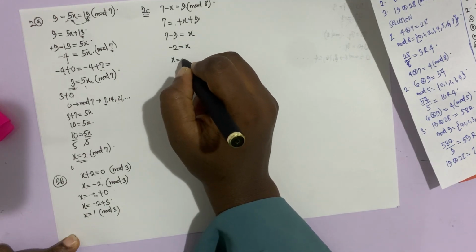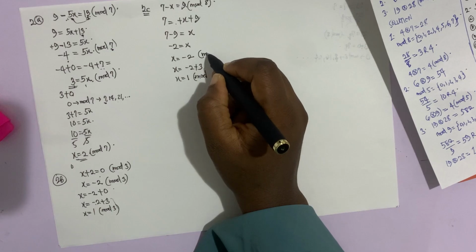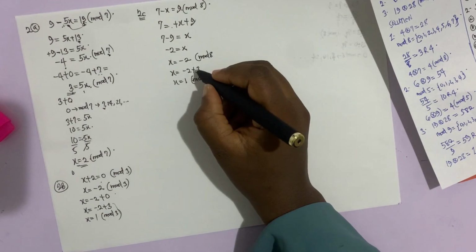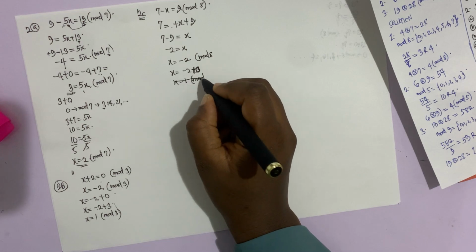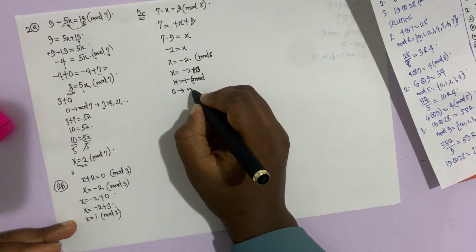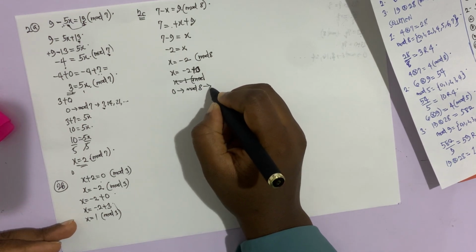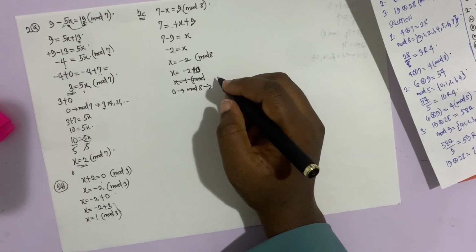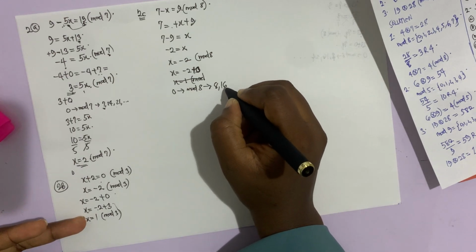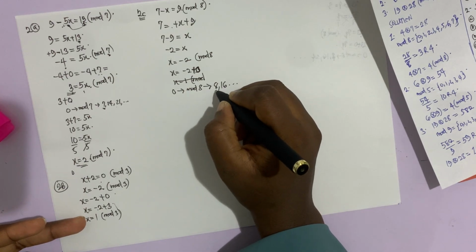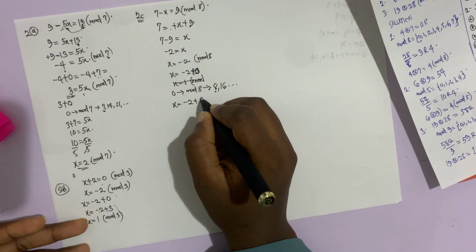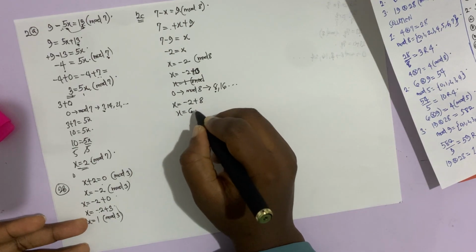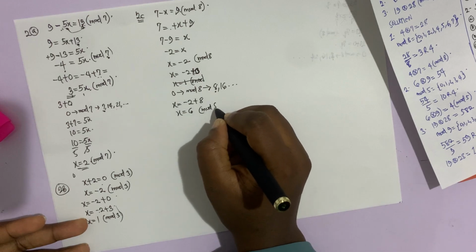So x is minus 2. We are working in modulo 8, so we assume that we want to add 0 to it, but 0 in modulo 8 are multiples of 8. It could be 8, it could be 16. We pick the smallest number to make this solution feasible. That's minus 2 plus 8, and that's 6 in modulo 8.